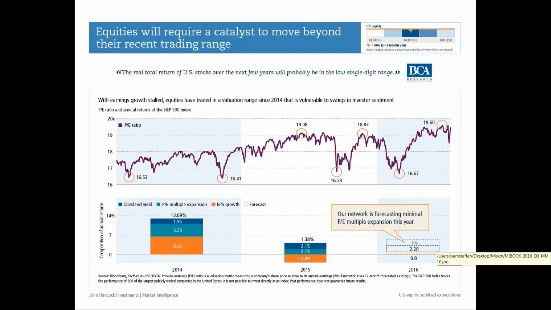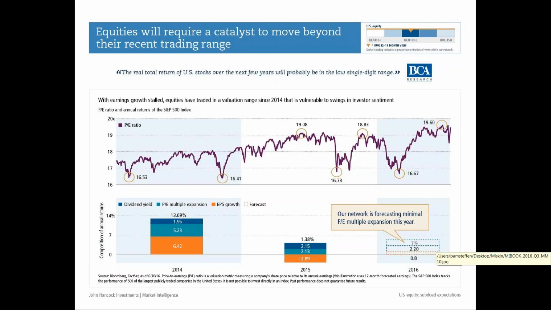So 21 is higher, and it's not as comfortable a place to be because that means things are more expensive. At 16, that would be a less expensive place, and you can see there have been times where 16 has been a support, where then multiples have gone up higher, meaning that the price has dragged that up. So things are kind of expensive on an aggregate basis, looking at PEs for the S&P 500.